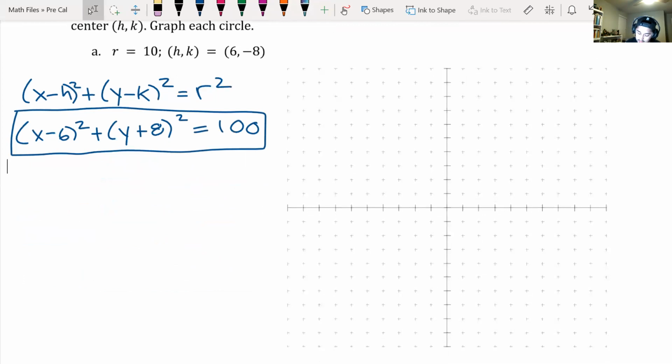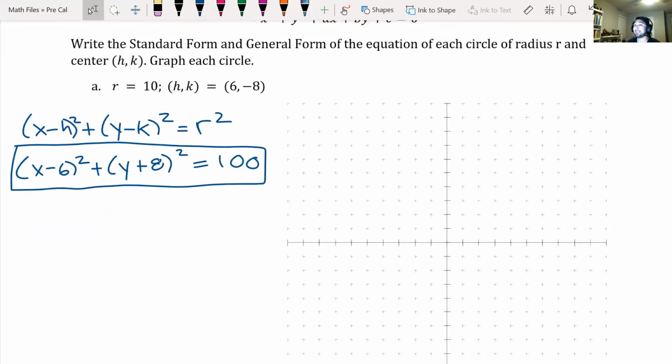And then let's go ahead and create the general form. And to get to the general form, all we're going to do is FOIL everything out and move that 100 to the left side. So what does x minus 6 squared FOIL out to? x squared minus 12x plus 36.